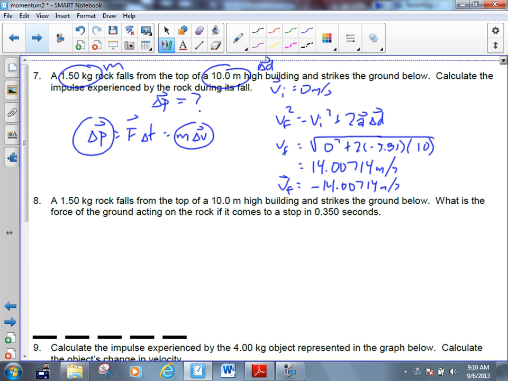All right, mass is 1.5. The final velocity is negative 14 minus 0, the initial velocity. We multiply those two numbers together, and we end up with negative 21 kilograms meters per second.